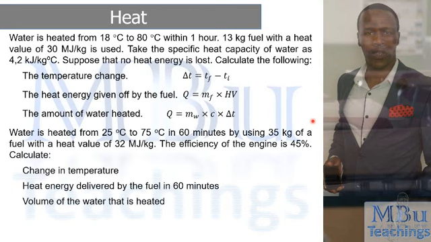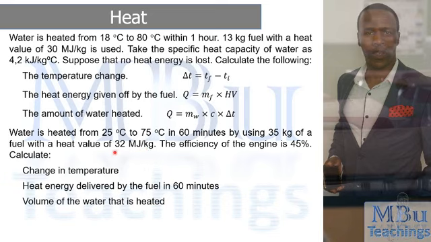The next question reads like this. Water is heated from 25 degrees Celsius to 75 degrees Celsius in 60 minutes by using 35 kg of a fuel with a heat value of 32 megajoules per kg. Now, for heat value, sometimes you might be given the heat value.